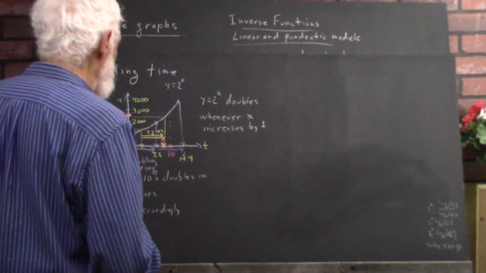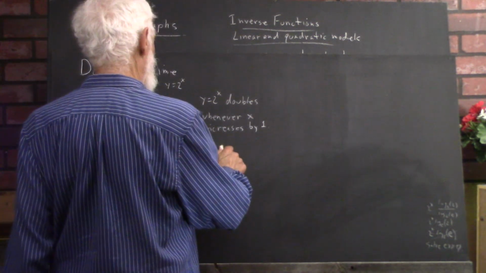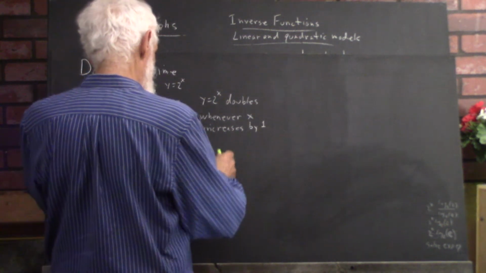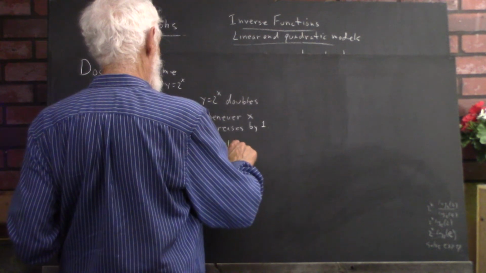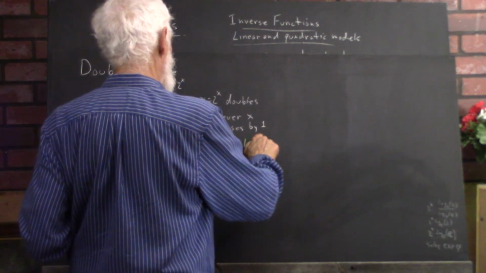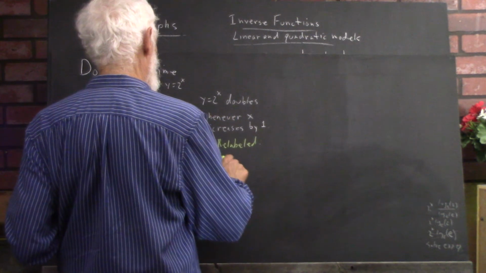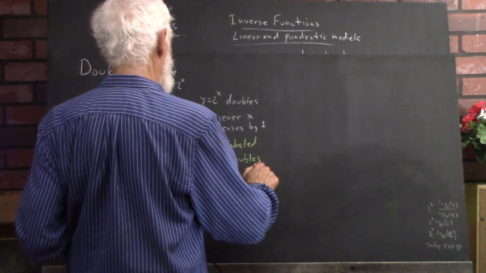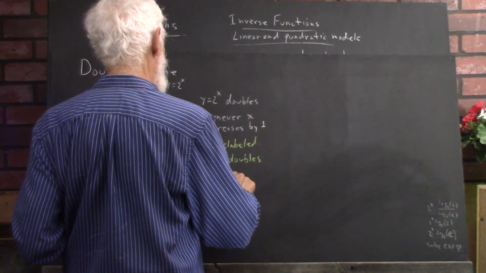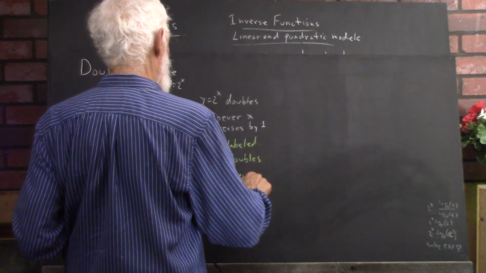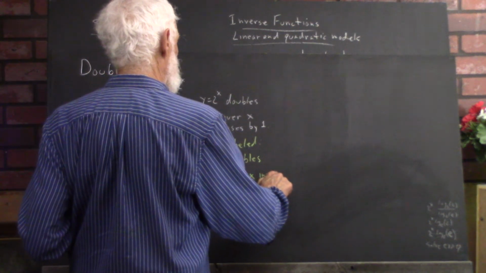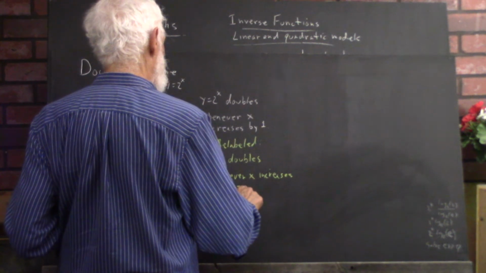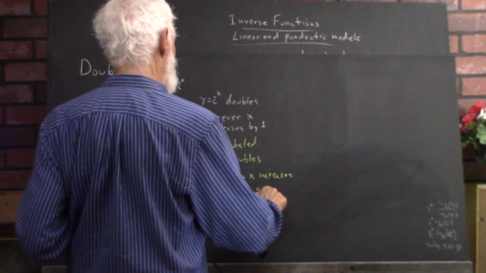Okay, so with the relabeled graph, y doubles whenever x increases by 7.2.